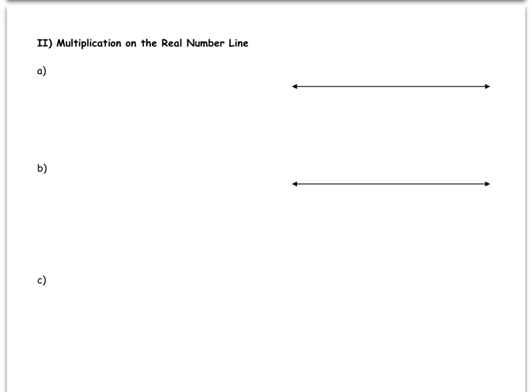Okay? Let's talk about multiplication more. If we do 2 times 3, we can view this as a vector of length 2. So let's say that's our vector of length 2.